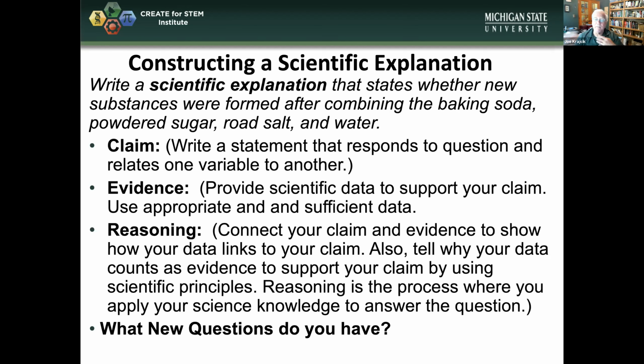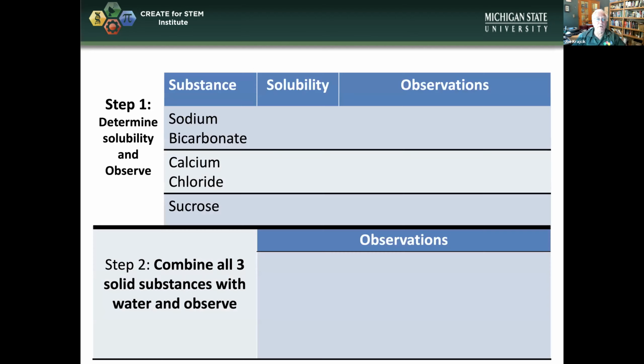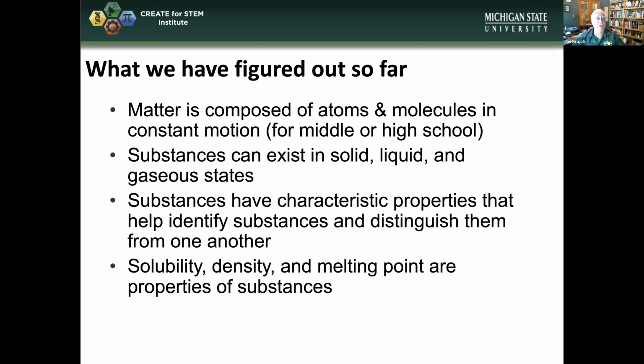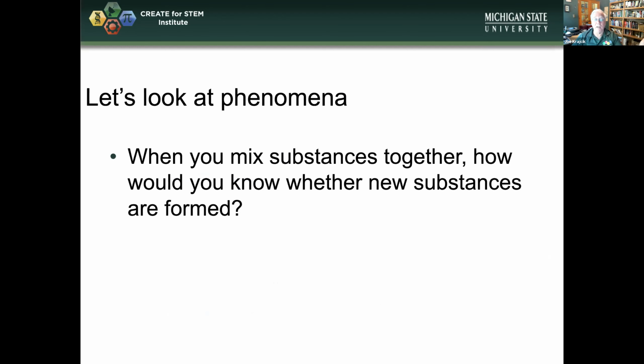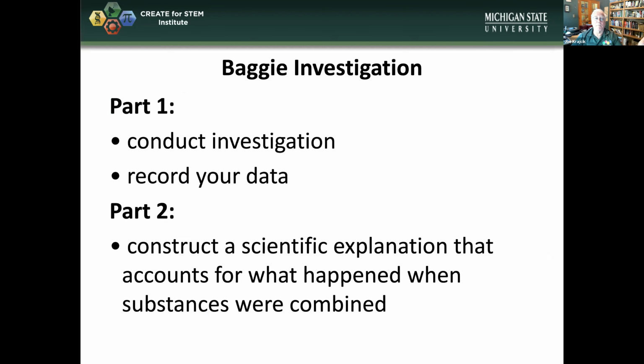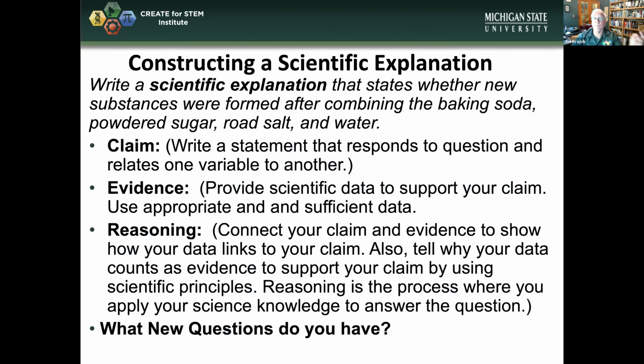All scientific explanations always respond to a question. If you remember correctly, here was my question: when you mix substances together, how would you know whether new substances are formed? In our particular case, we're interested in whether, when I put together baking soda, powdered sugar, rolled salt, and water, I formed something new.